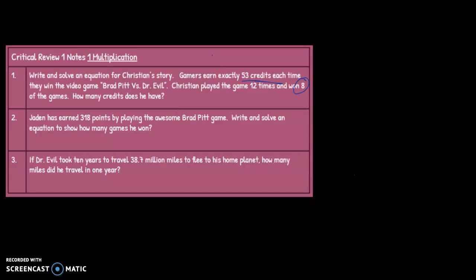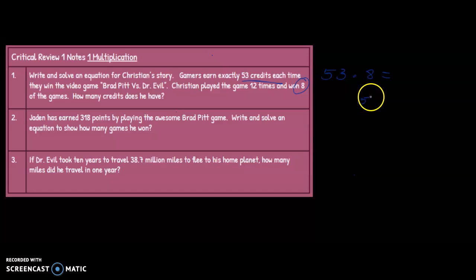So I'm going to write the equation 53 times 8 equals. So now I have to do the multiplication for that.